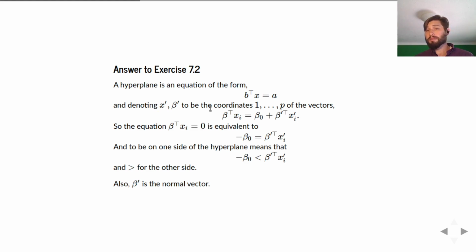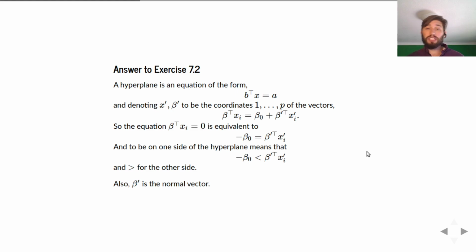And so if we think about beta transpose xi, well, that's beta naught plus this beta prime transpose xi prime. So I'm just isolating the components that don't correspond to the intercept term. And now this beta transpose xi equals 0 is equivalent to the following thing, which is minus beta naught is equal to beta prime transpose xi prime.